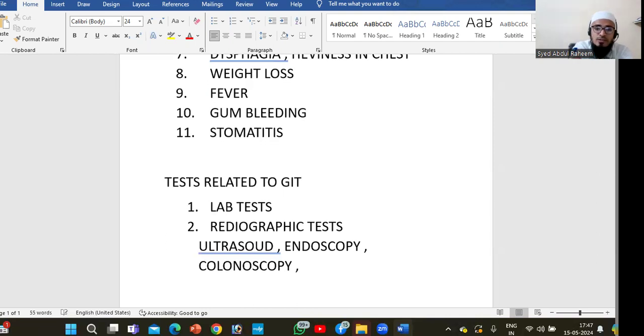Sometimes you have to advise a CT abdomen, normal and contrast. For contrast, you give an injection that goes to the specific abdominal area, or the patient swallows contrast water, and after that you take the CT scans so you get the picture. Sometimes you have to do MRI, MRI abdomen or MR colonography.